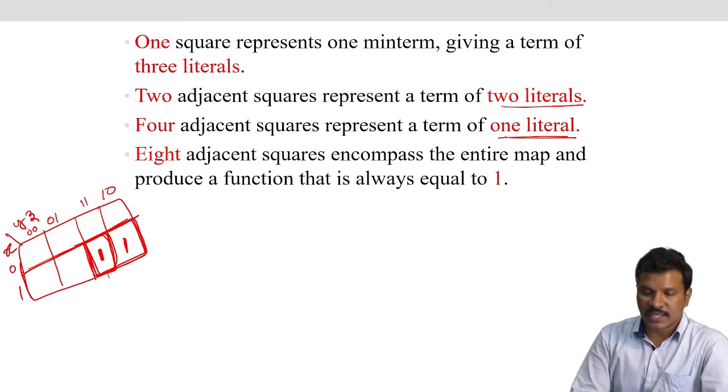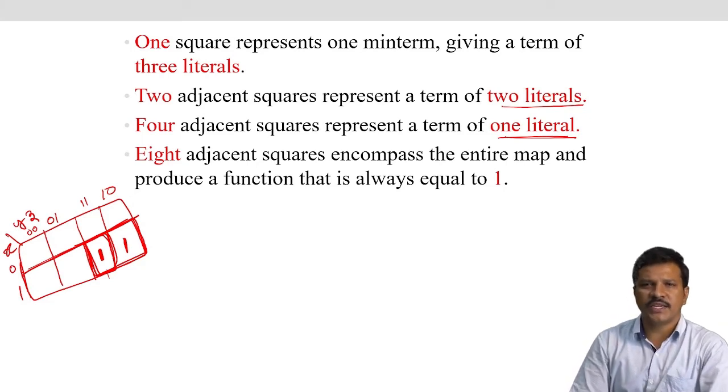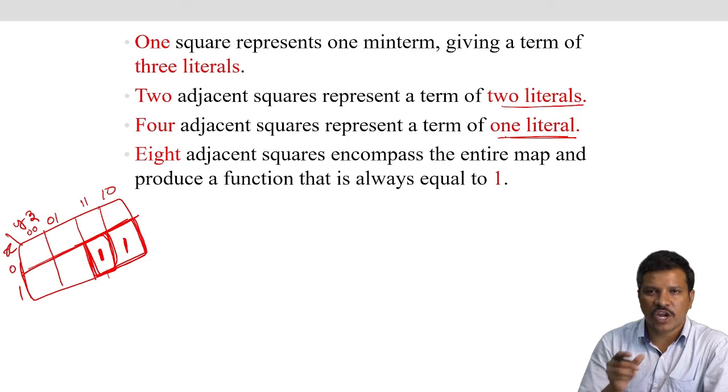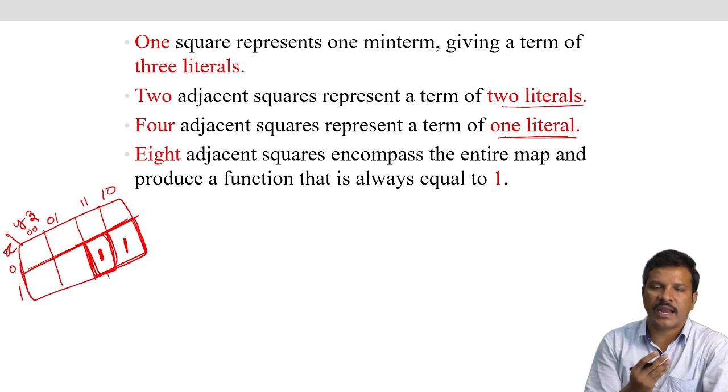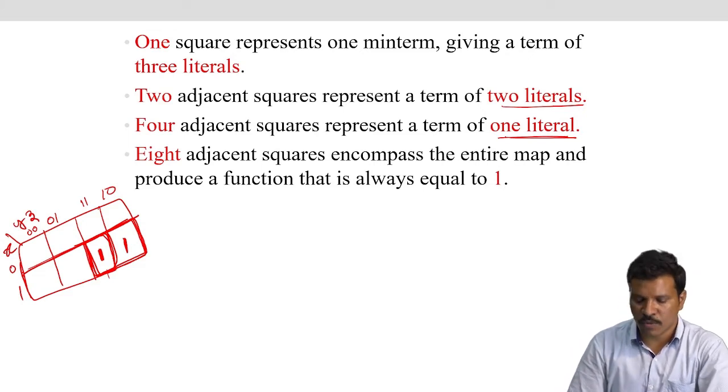So in this case, it is very easy to remember the shape of those adjacent ones. Out of the 8 boxes, there can be only 1 one, or 2 ones, or 4 ones, or 8 ones. How to remember? By seeing the shapes of those square boxes.